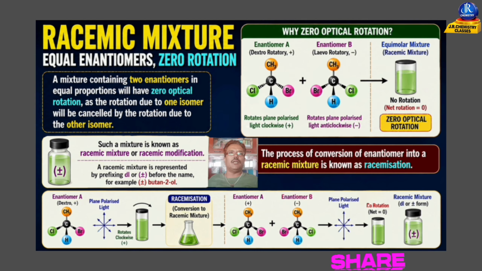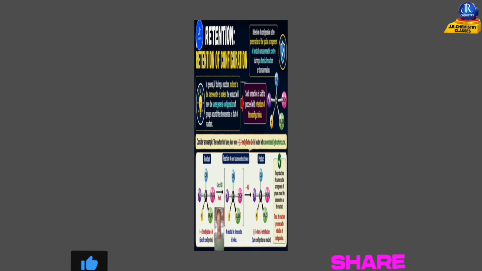A racemic mixture is represented by prefixing DL or plus-minus before the name. For example, plus-minus butan-2-ol. The process of conversion of an enantiomer into a racemic mixture is known as racemization.